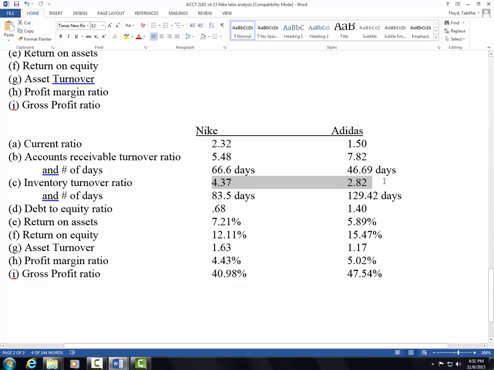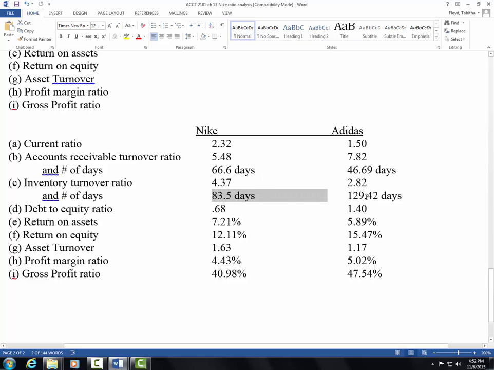Inventory turnover ratio, which is better? Nike is turning over their inventory 4 times a year. Adidas almost 3 times a year. So Nike is better. Nike's selling its inventory faster. We don't want inventory to sit on our shelves for a long time. We want to sell that inventory fast. So Nike is selling faster. That's better.